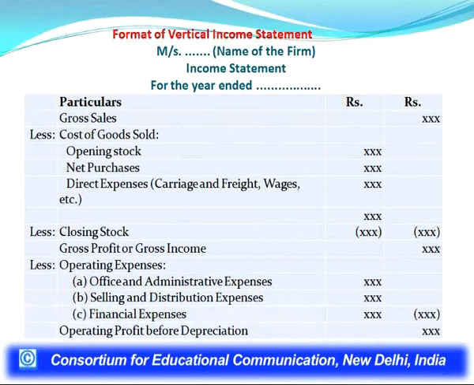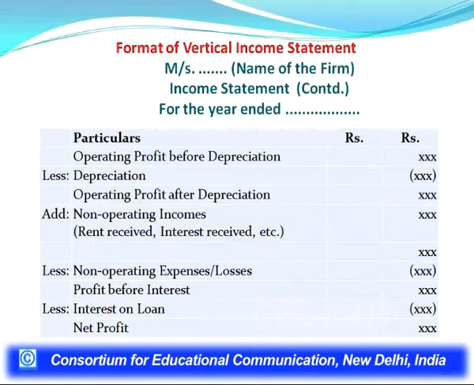After deducting operating expenses from gross profit, the balancing figure we find is operating profit before depreciation. Then we deduct the depreciation. Depreciation is a non-cash expense, and we find the operating profit after depreciation.